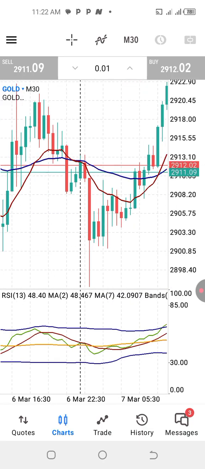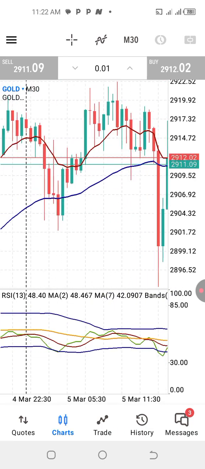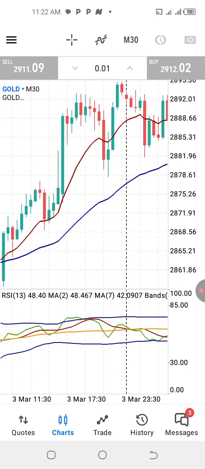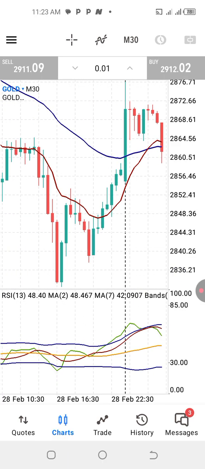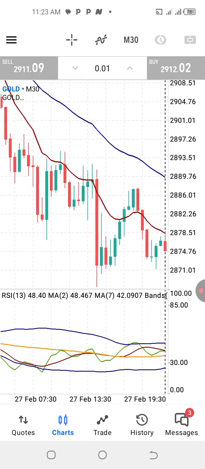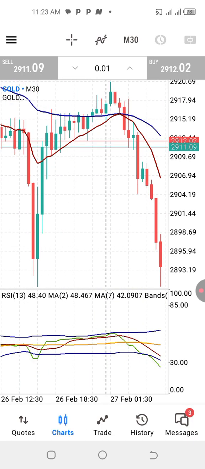As you can see on the main chart here, there are two lines which are the indicators, and down here we also have a list of indicators. Watch till the end. I'll show you at the end how to set up this strategy. For now, let me show you how it works and how effective it is.